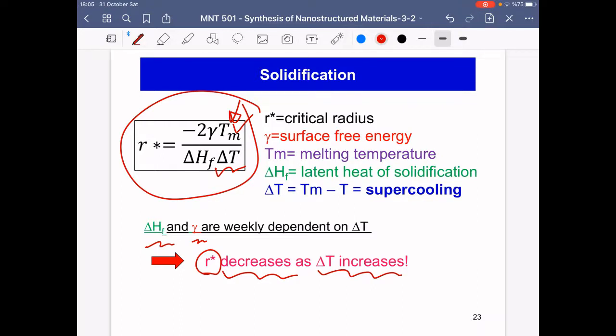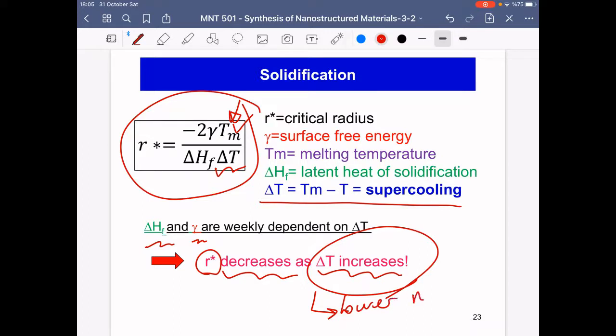you can decrease your R critical. So what you have to do is, for example, supercool it. If you supercool it, you will end up increasing your delta T, which will give you lower nanoparticle sizes. This is a simple mathematical way to show what really affects this R star in a real factory process.